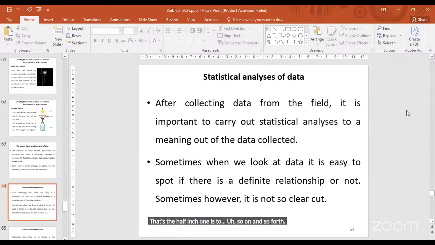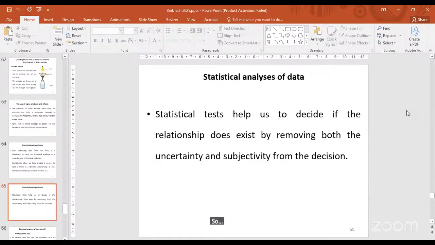So, what is H naught? As I said before, statistical analysis helps us to decide if a relationship exists by removing uncertainty.